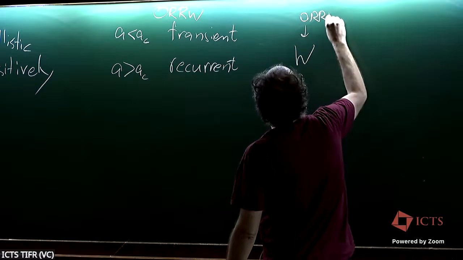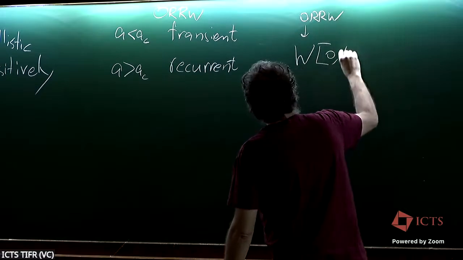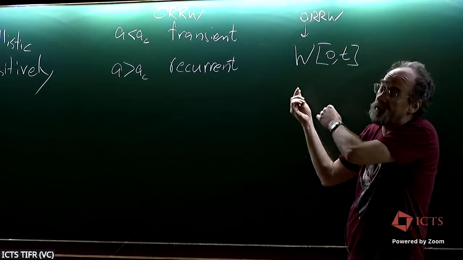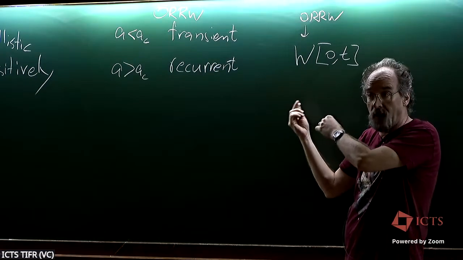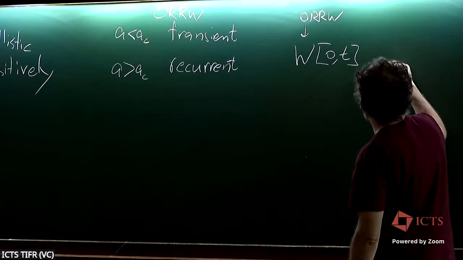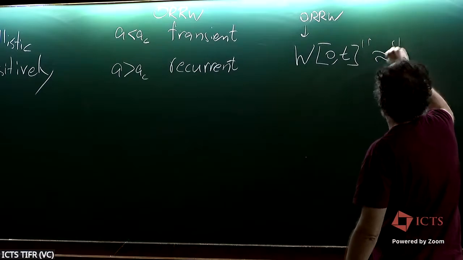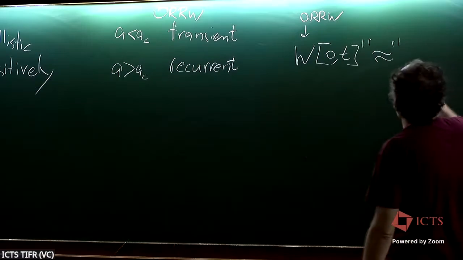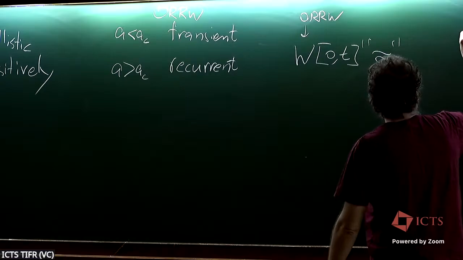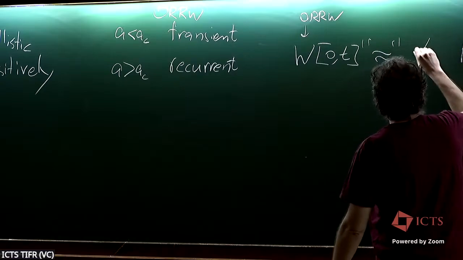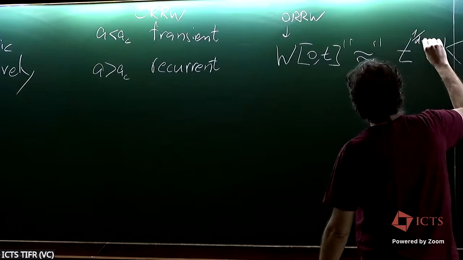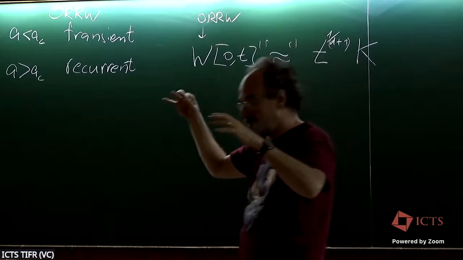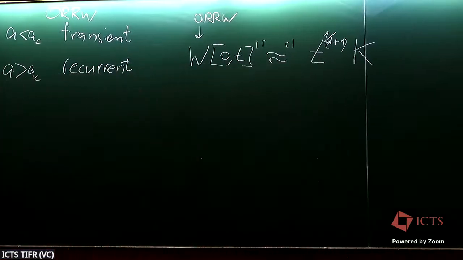And if you look at the set, not at where it is, but the set of, say, sites visited up to time t, then this is more or less, in some sense, well, it's a conjecture, right? Some fixed convex set times t to 1 over d plus 1. Okay, so the picture that Vlad has conjectured is a kind of a growing balloon.